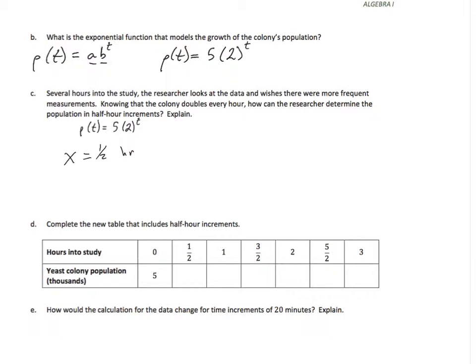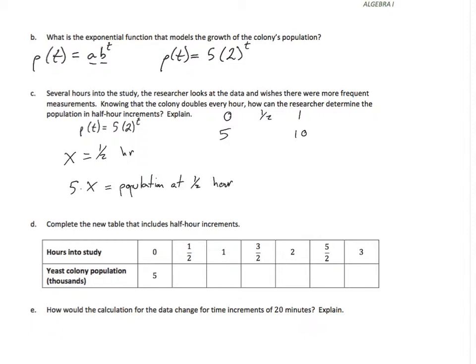Well, okay, if I know that the population at time 0 is 5, and the population at 1 is 10, then I want to find this halfway point. So I want P of 1/2. So I know that 5 times some amount x equals the population at a half hour.